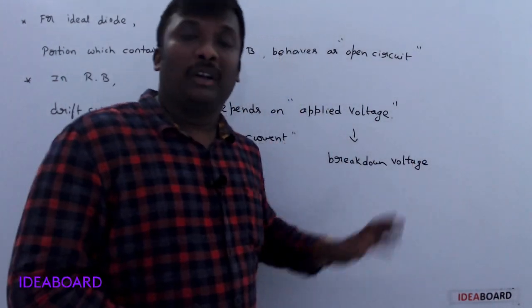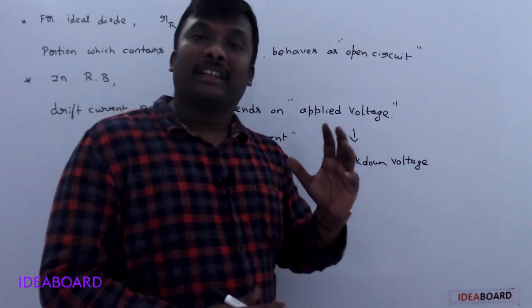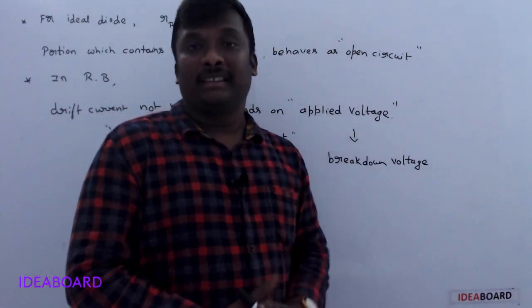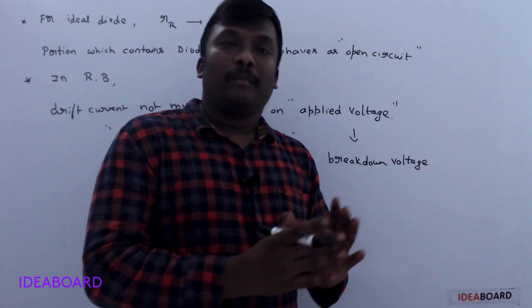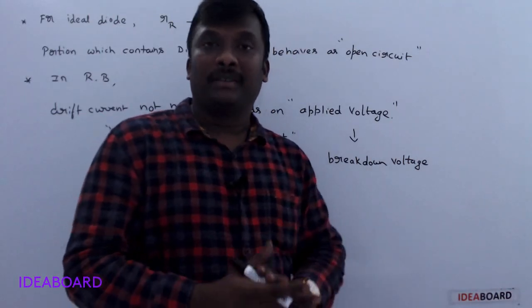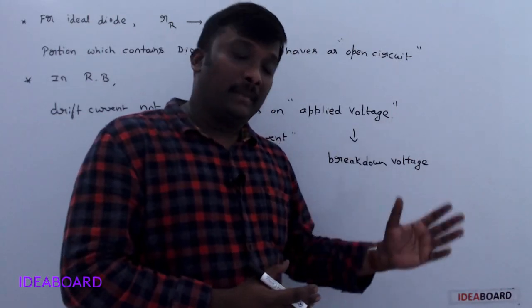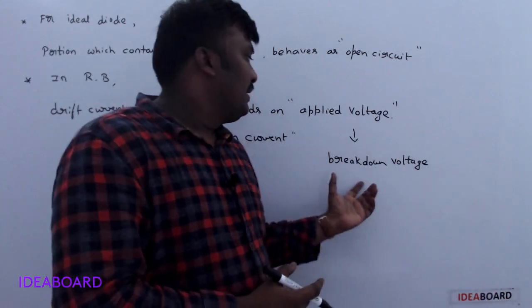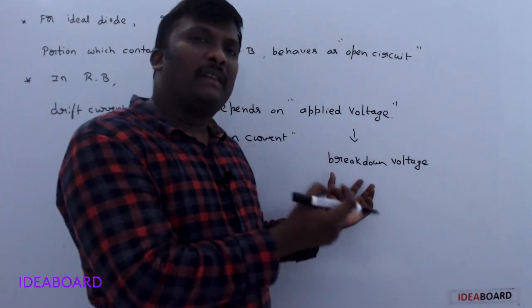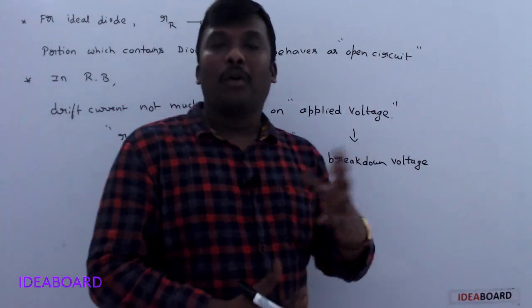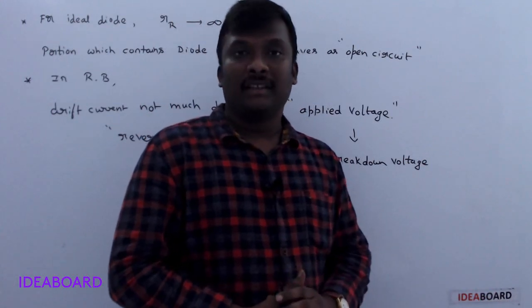At breakdown voltage, the current in the circuit abruptly increases because the PN junction diode is damaged. Whenever the junction diode is damaged, if the voltage increases even a little further, more current passes through it.